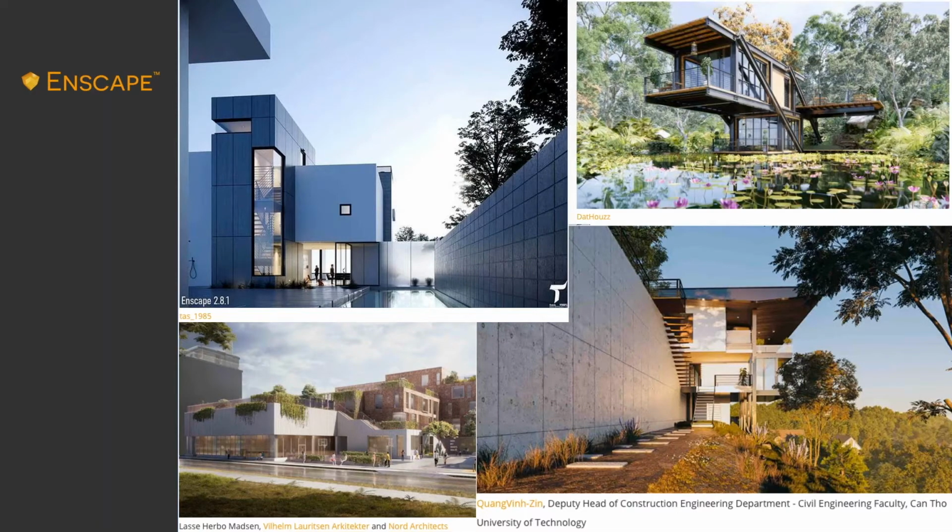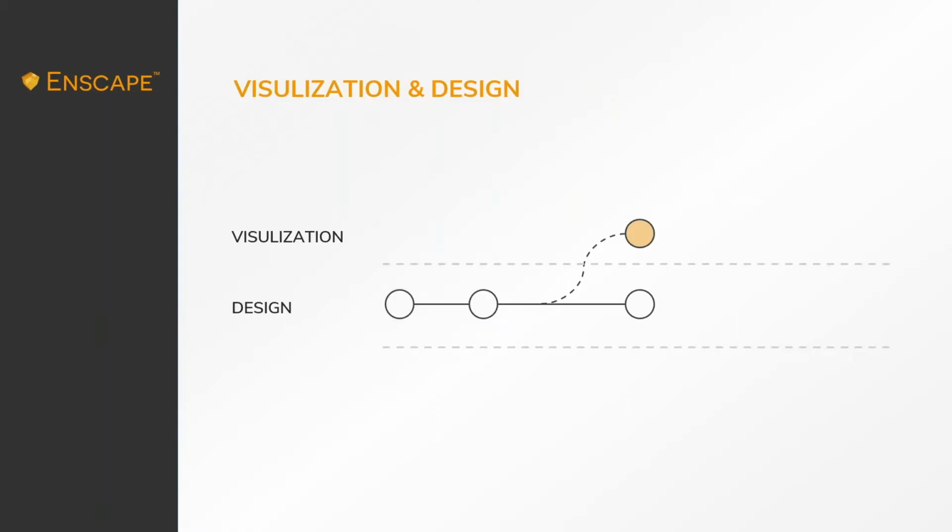So when we think of real-time rendering, it's typically images like these that come top of mind. However, more subtle and maybe more important is how real-time 3D can improve today's design process. Visual representation has always been the cornerstone of the design practice. However, it's often been isolated and disconnected from the design process.